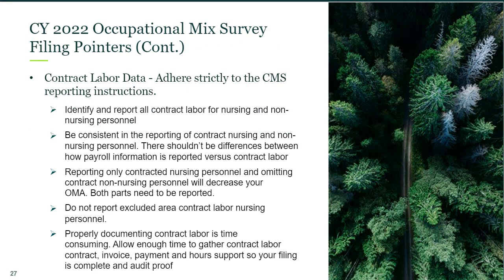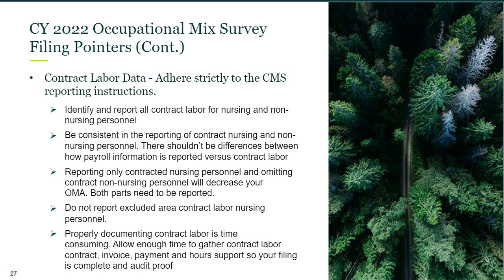In terms of contract labor, again, just adhere strictly to the CMS reporting instructions. Be sure and report all contract labor activity in the OMS, not just nursing contract labor. Report your contract labor for nursing in a similar manner as you report that nursing personnel that are on the payroll. You need to be consistent in your reporting between your payroll records and your contract labor.